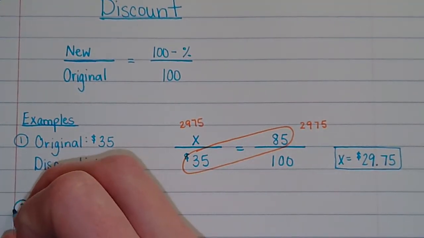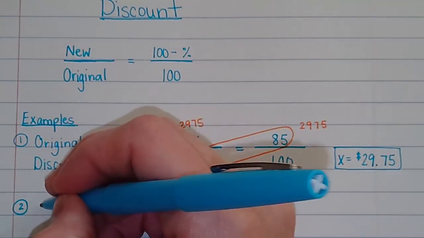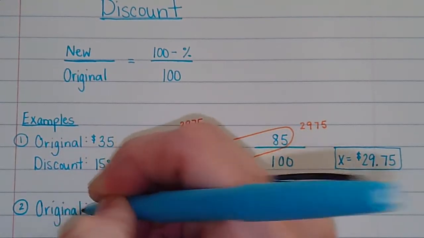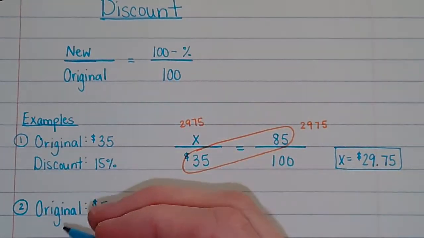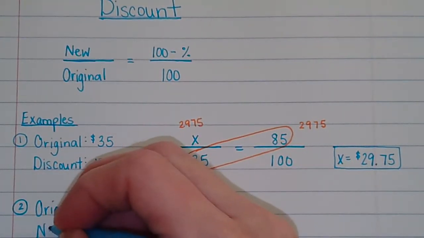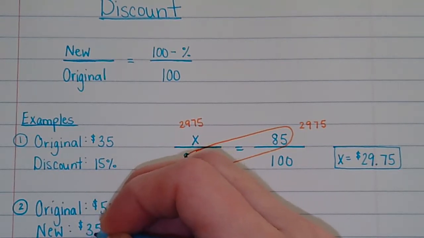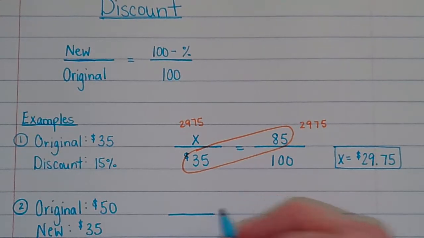All right. Let's try another one. Let's say they tell you the original cost is $50. And then they tell you that the new cost is $35. Okay, so I'm going to set up what I do know.